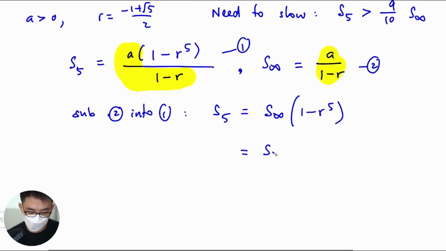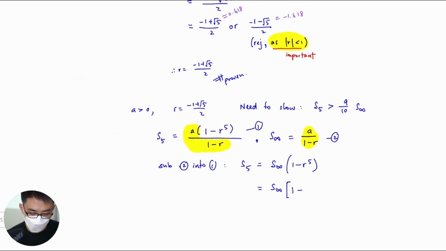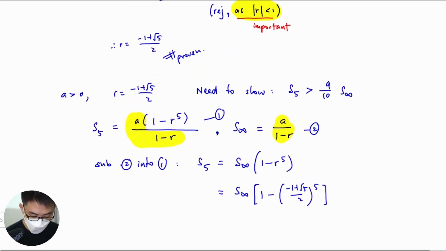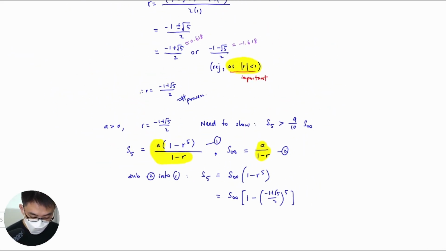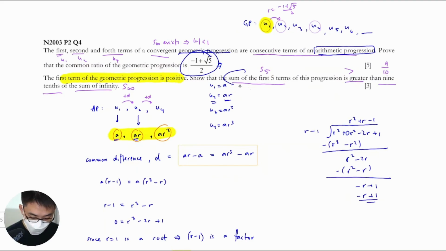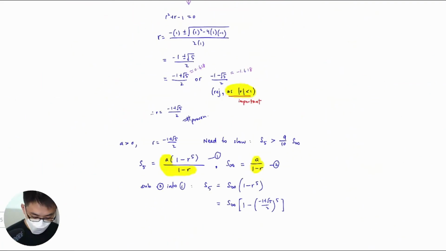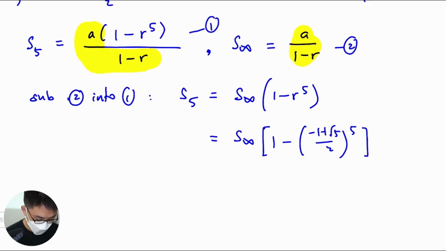S5 is actually equal to, this is how I'll do it. You don't really need to follow me, but you can just key in the calculator. Because it's the sum of the first 5 terms, this is A times 1 minus R to the power 5, over 1 minus R.